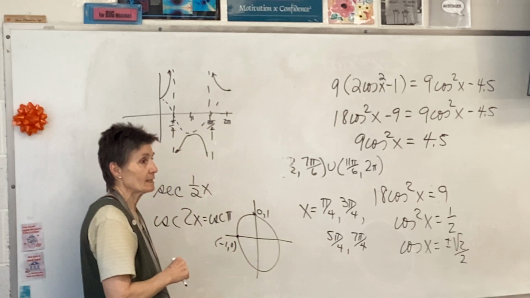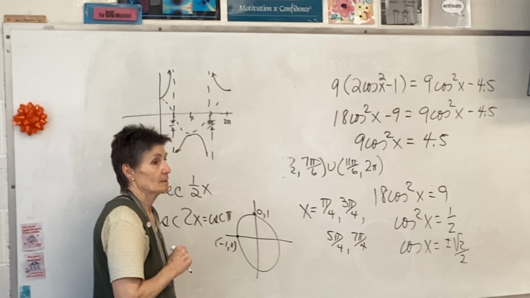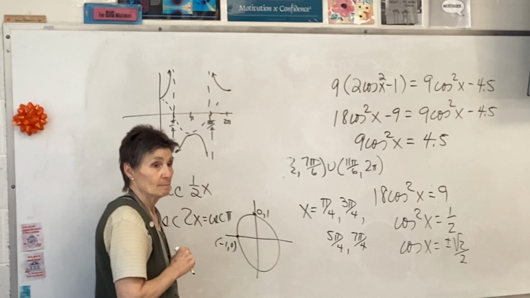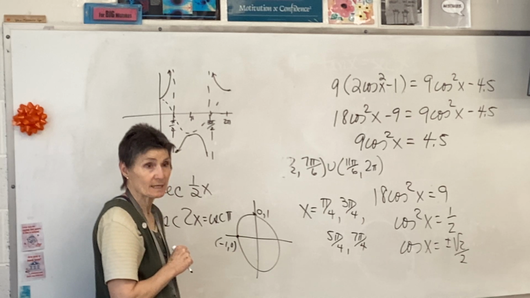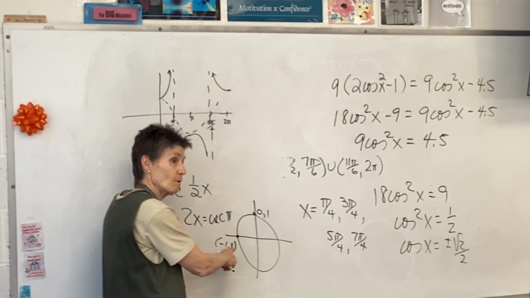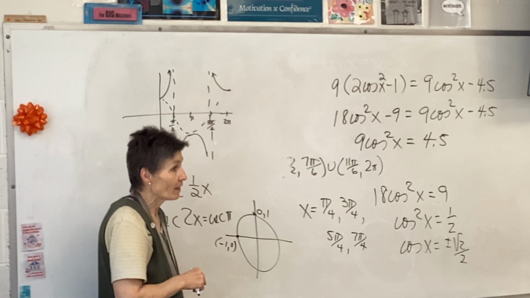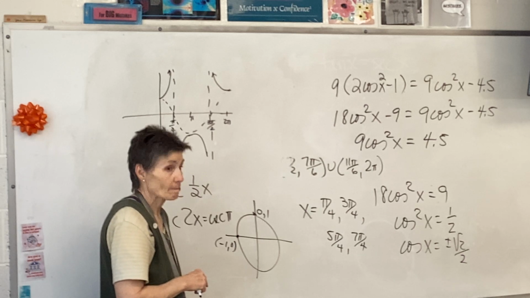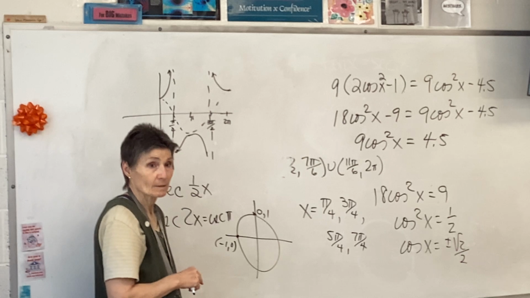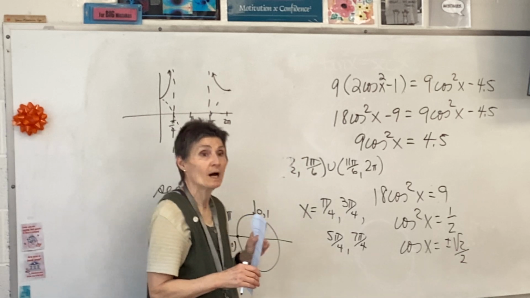Is the cosecant undefined at that point right there? Yes. Because what is cosecant? 1 over sine. If sine is 0, 1 over sine is going to be undefined. Vertical asymptotes mean undefined.